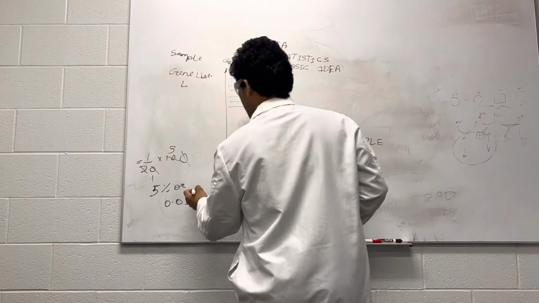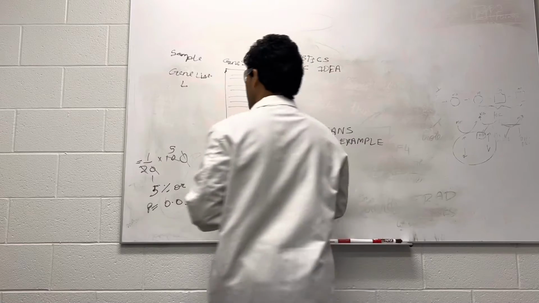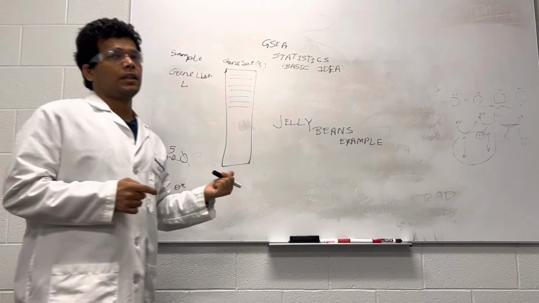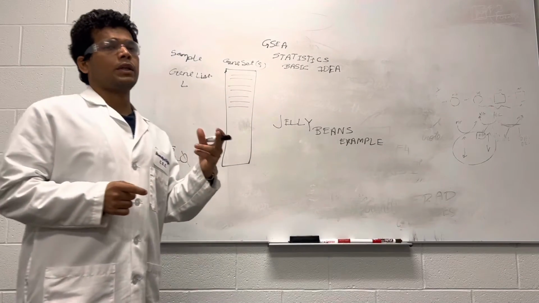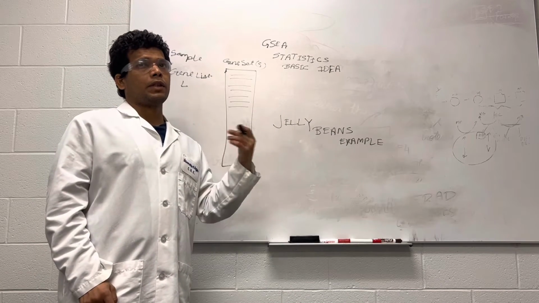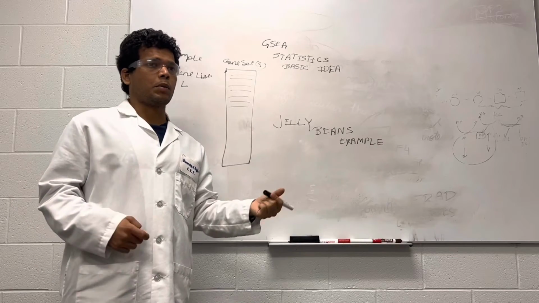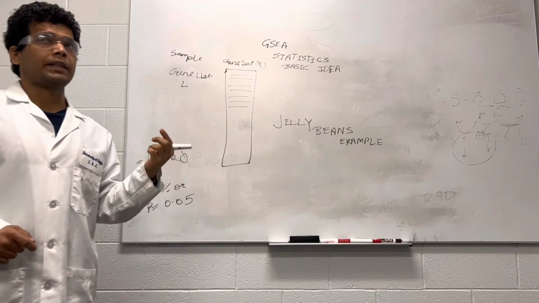This is usually called the p-value. However, the problem with this experiment is that it was conducted on only 20 samples, and they found only a 5% probability that people might get acne.